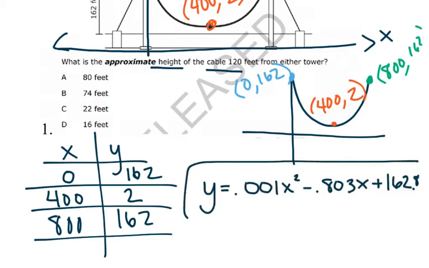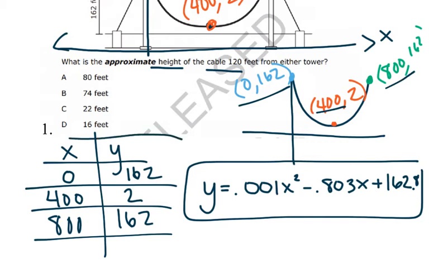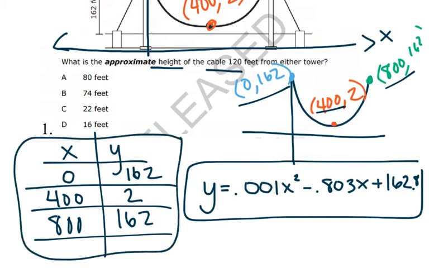Okay, so I rounded just to make my life easier, and here's what we got. So we used the picture and the information in the problem to come up with 3 points, and then we put our 3 points in a table, and then we used our table to come up with a quadratic function.